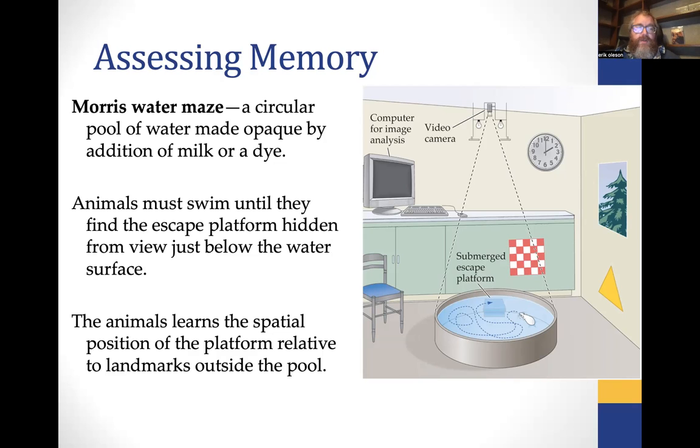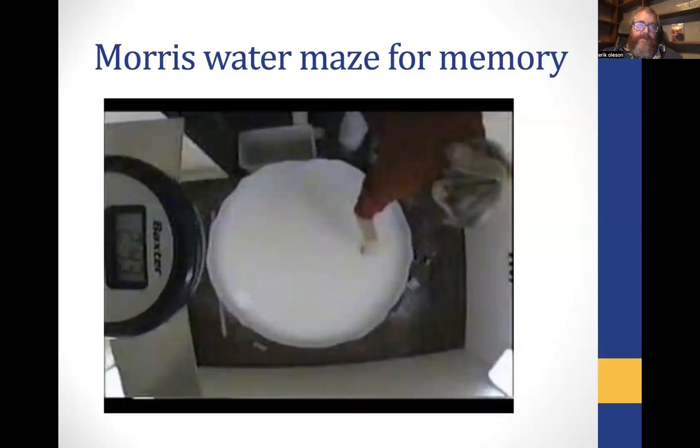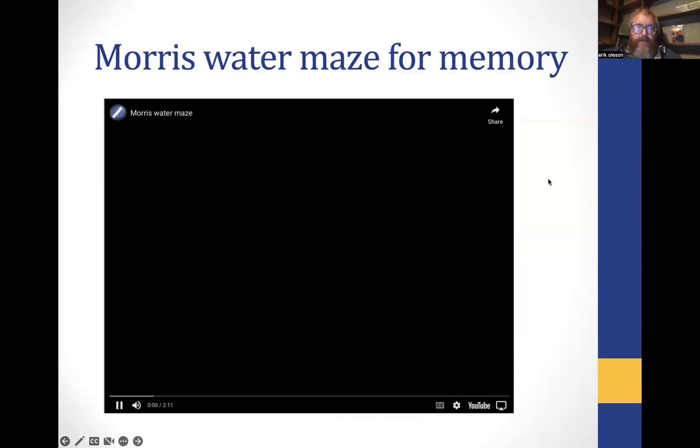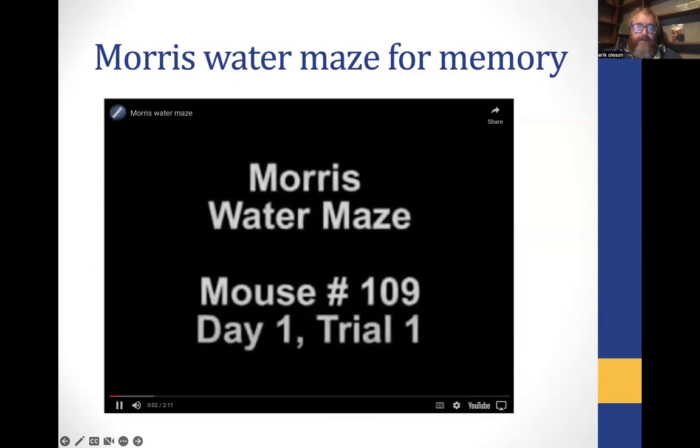The animal learns the spatial position of the platform. Then, for example, you can give them cannabis and watch them take much longer to find that same platform because it impairs spatial memory. Here is a video of an animal behaving in the Morris water maze.